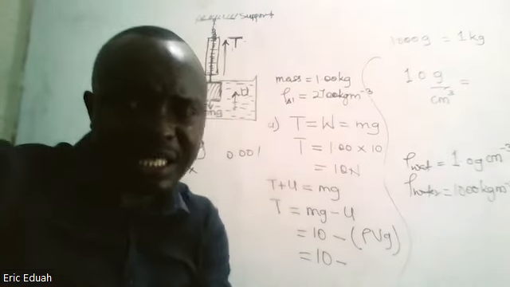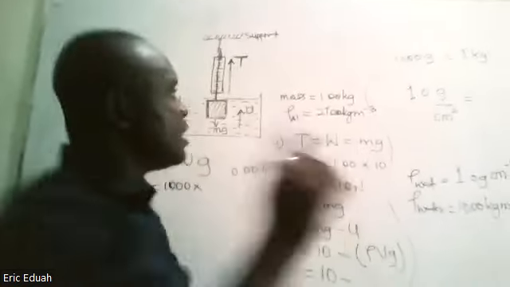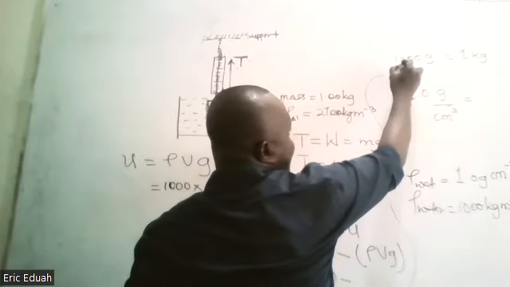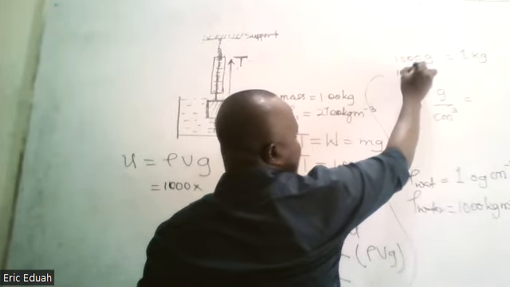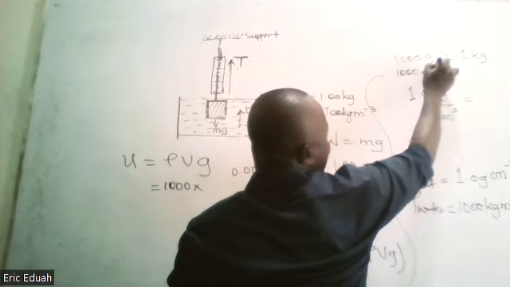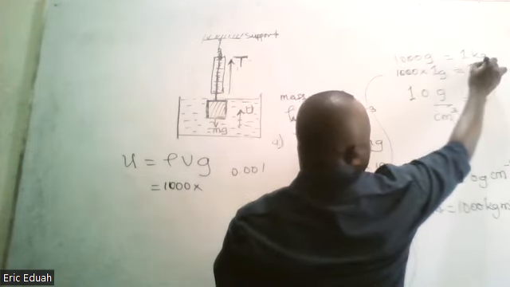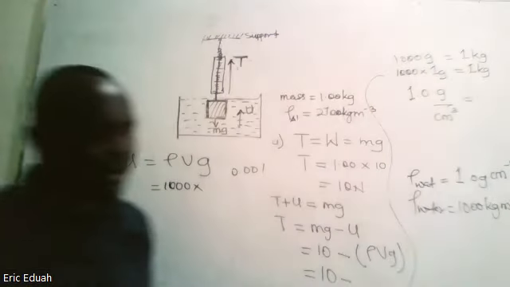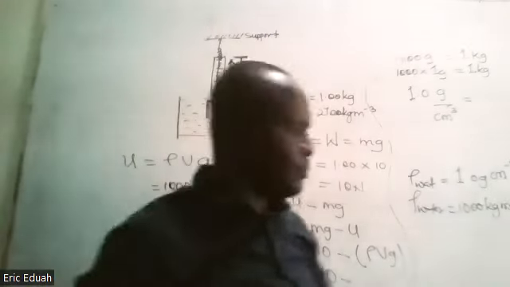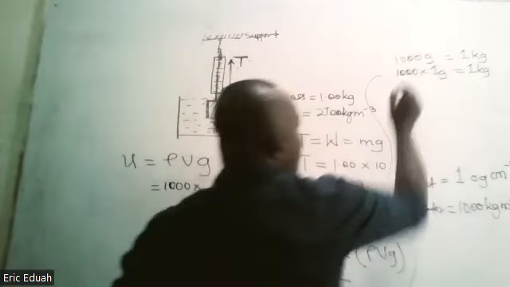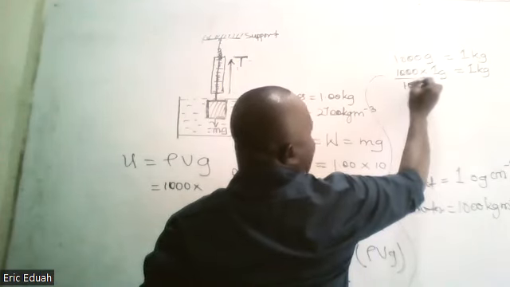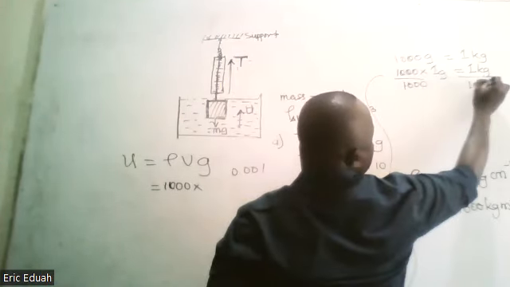Look at a systematic way of converting this. 1,000 gram is 1,000 times 1 gram, right? So if I'm looking for 1 gram in kilogram, all that I do is divide both sides by 1,000.